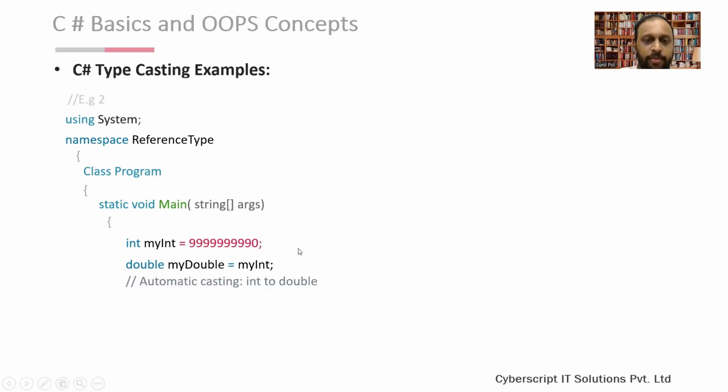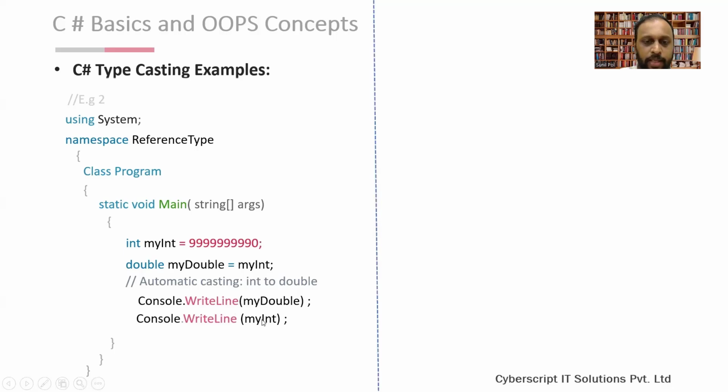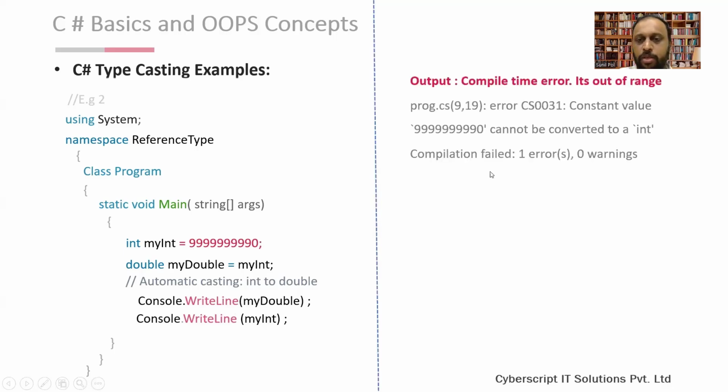So at compile time only, it will throw the exception. Here with Console.WriteLine, we are printing the myDouble and myInt values to the console. But as I said already, at compile time, it will give an out of range error because this value cannot be converted to int as it is out of the range of the integer data type. So it will throw the exception at compile time only.